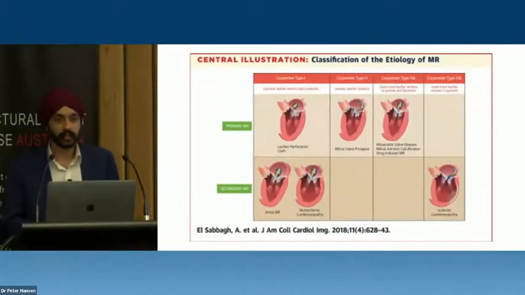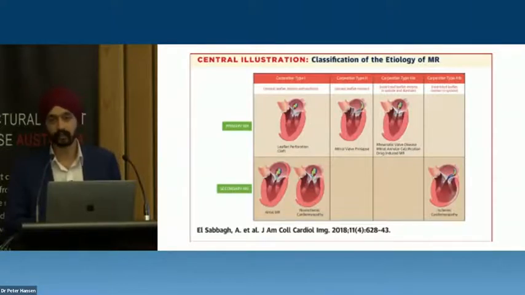In terms of types of mitral regurgitation, this is always getting a bit more nuanced and a bit more complex. But broadly speaking, there's 2 types of mitral regurgitation. There's a primary mitral regurgitation and secondary mitral regurgitation. So in primary mitral regurgitation, there's a problem with either the leaflets themselves or with the cords.